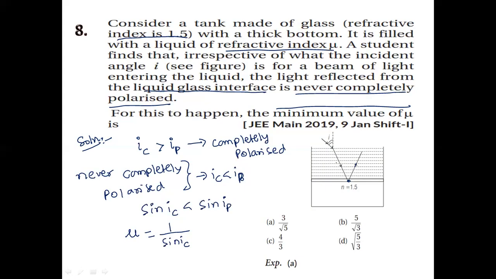By using Brewster's law, we need to find tan. That is mu into sine IP is equal to 1 into sine R.